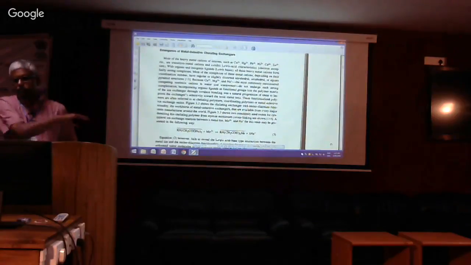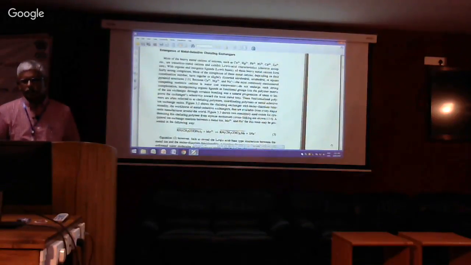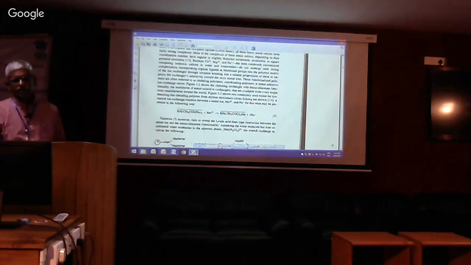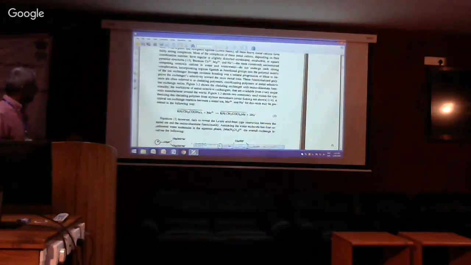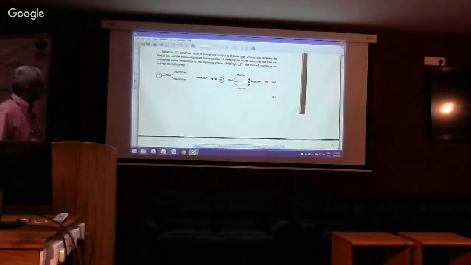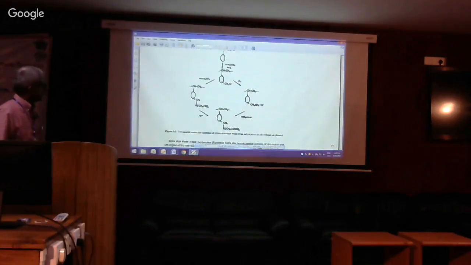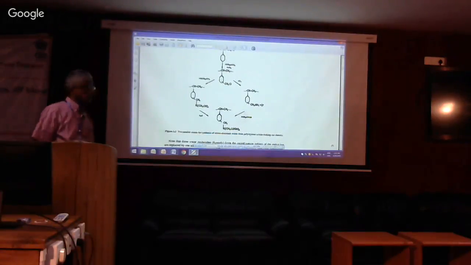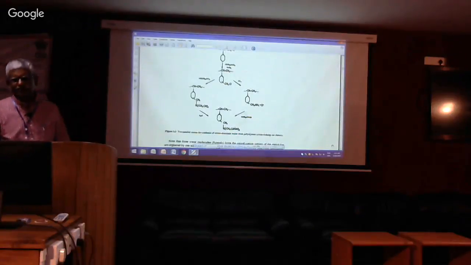As I said, we start looking at chelating exchangers, and the most common chelating exchanger for heavy metals is this one, iminodiacetate. Why? Because as I just explained. Now, how do you synthesize an iminodiacetate resin? Well, it's a little involved, so I will not get into synthesis chemistry.